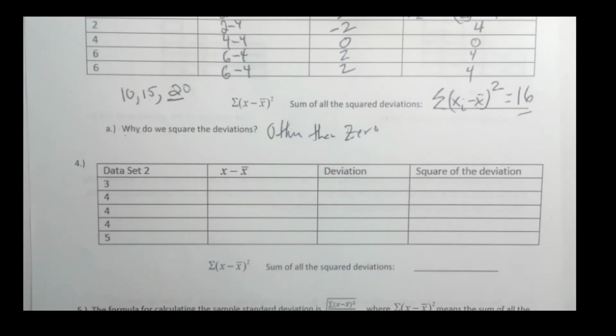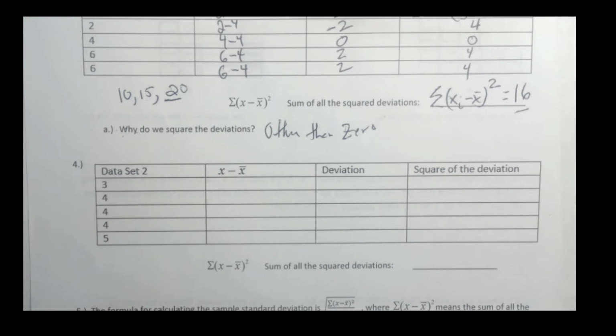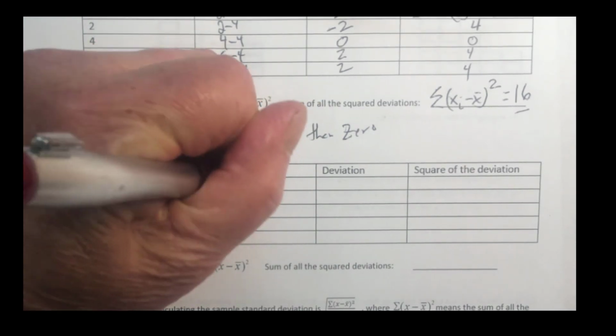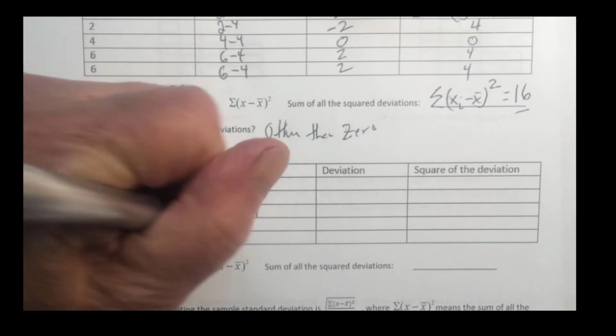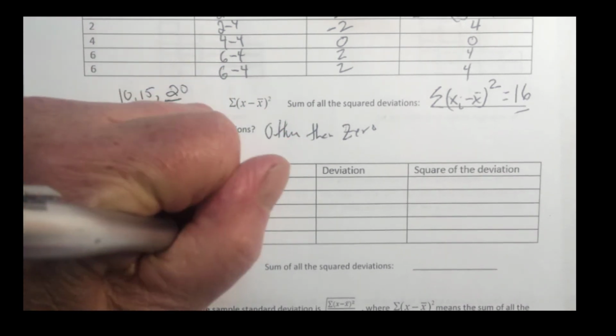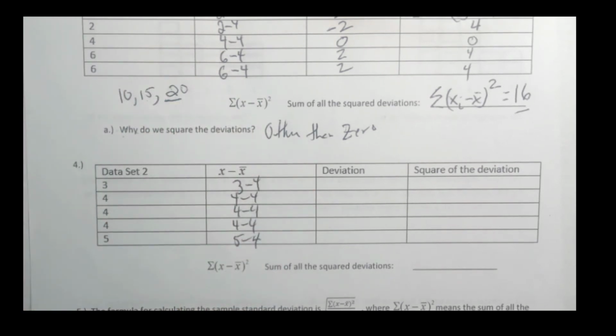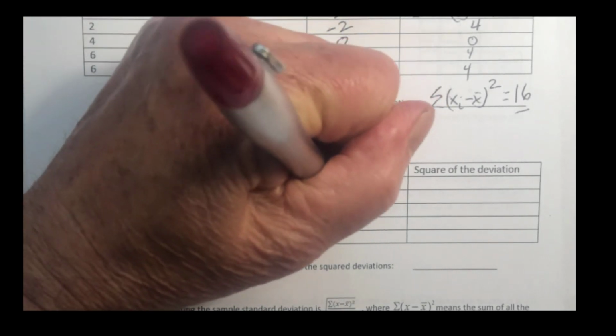So here is our second data set, and I'm just going to run through this really quick. So this is 3 minus 4, 4 minus 4, 4 minus 4, 4 minus 4, and 5 minus 4. So the deviations are -1, 0, 0, 0, 1.